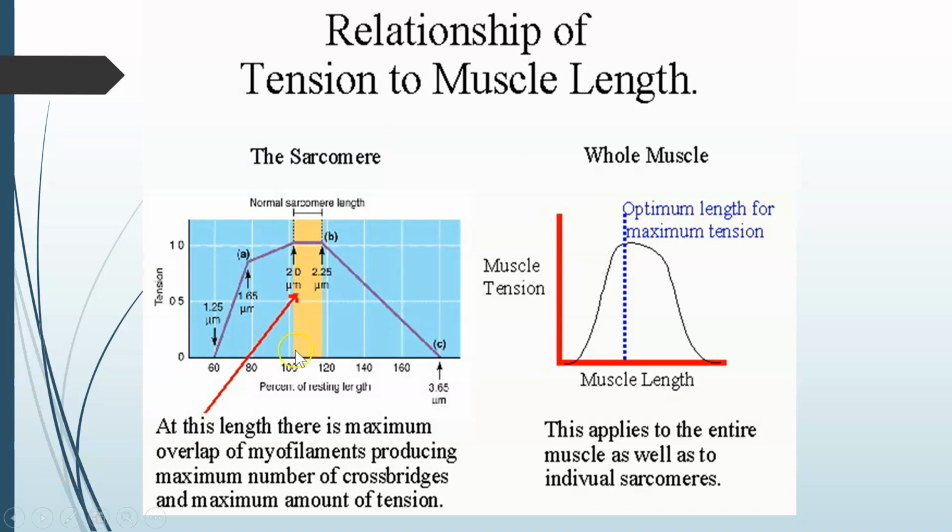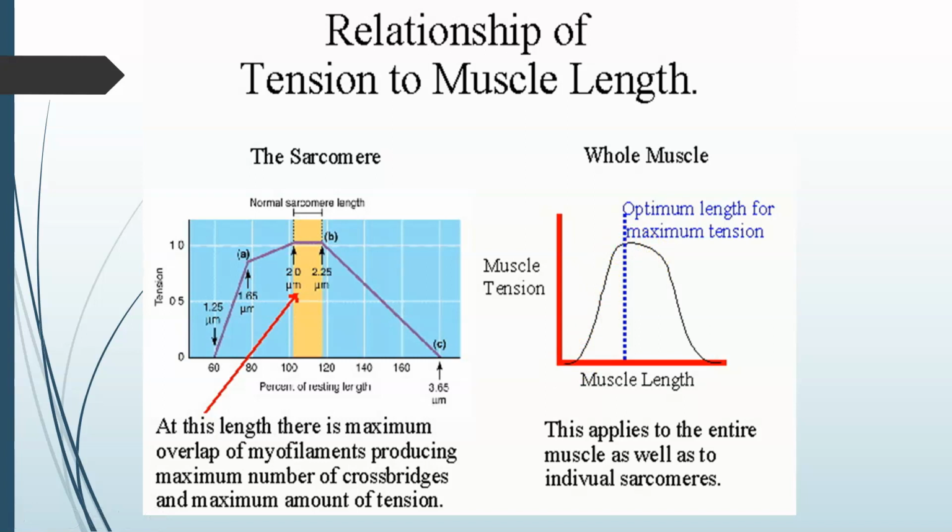So when we look at muscle tension and muscle length, on this graph, if this side represents short and this side represents long, if a muscle is too short, it can't produce much tension. If a muscle is too long, it also cannot produce enough tension. So there is an optimum length of muscle for maximum tension.